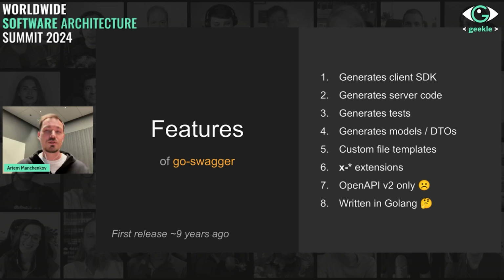And the only concerns you may have working with the package are the support of version 2, because currently OpenAPI is based on version 3, and the fact that it is written in Golang and is supposed to be used in Golang-based projects. The first release was 9 years ago, by the way, and it is still alive. So if you work with Golang, you can give it a try.